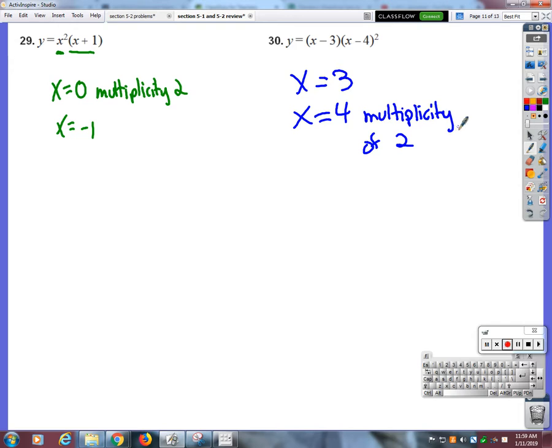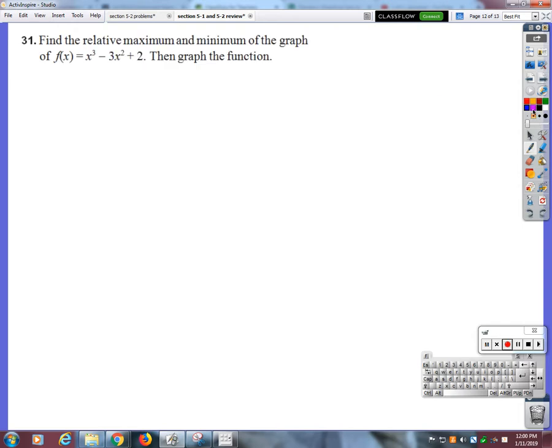Okay, Emma, Amy, appreciate your patience. 31. Ready? Okay. All right, 31, sadly, it says find the relative maximum and minimum of the graph. So we have to graph the function.